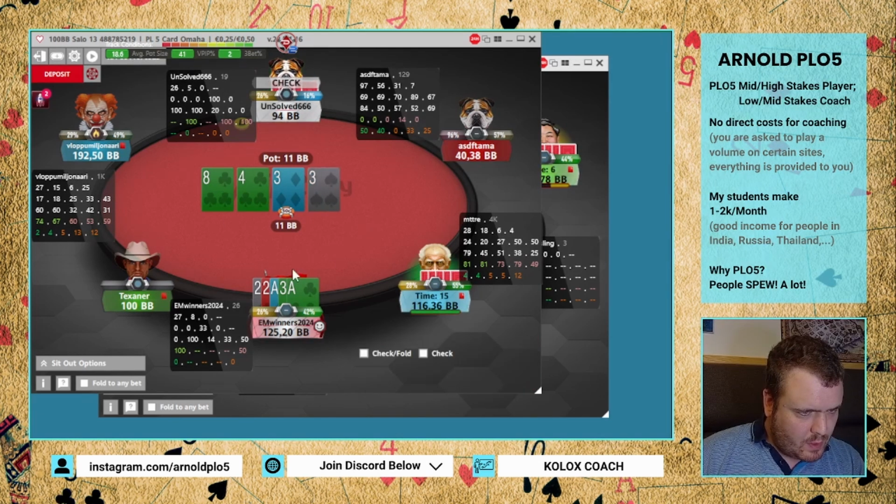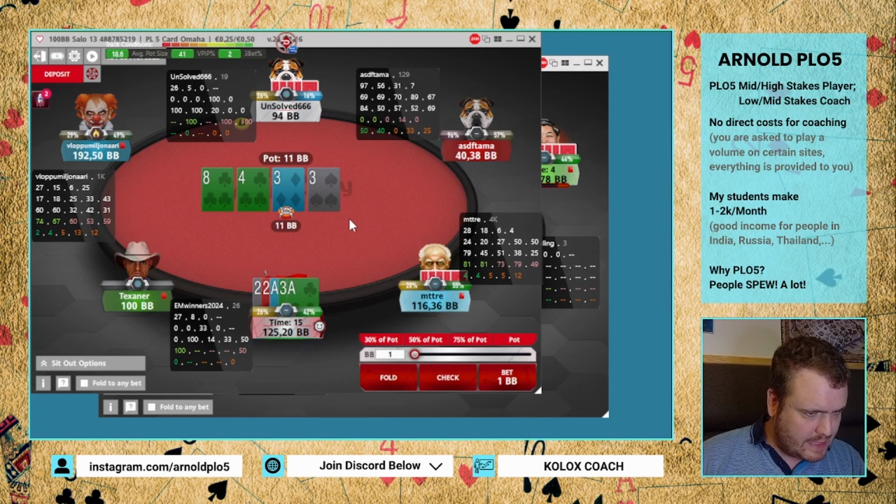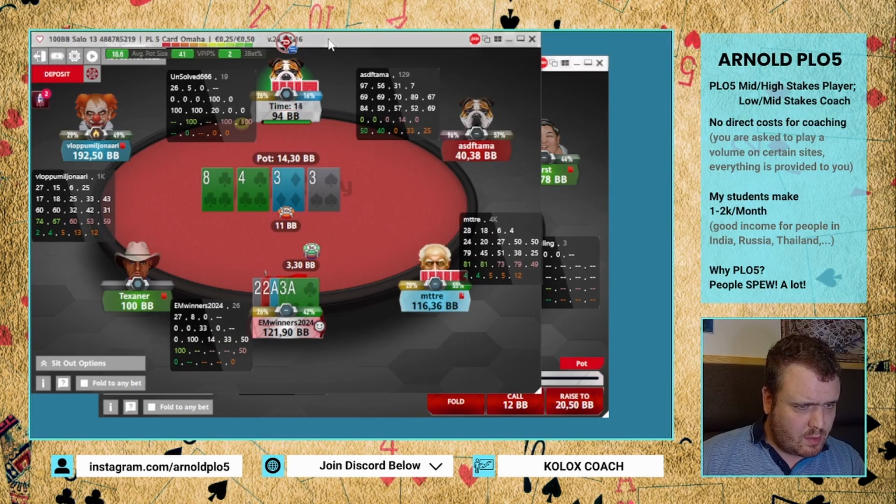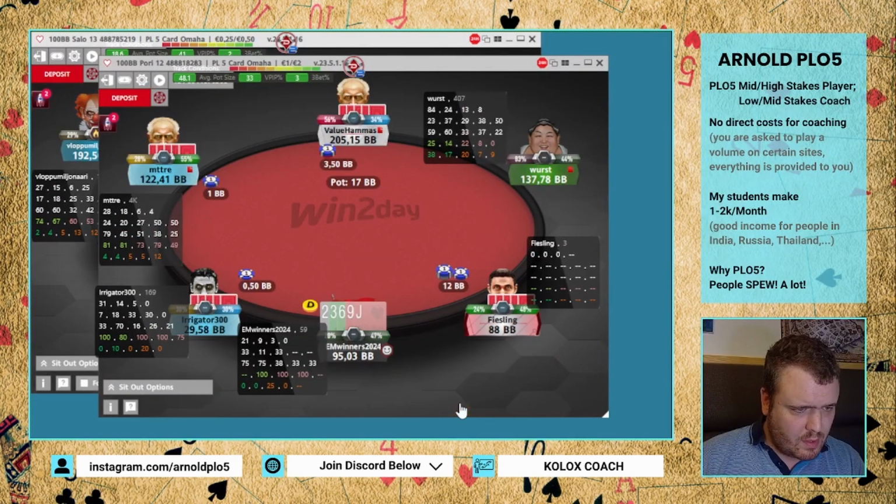I do not want to get my whole stack in here. It's, I think, a good opportunity. He's not very aggressive, so I think it's a good opportunity. But small.